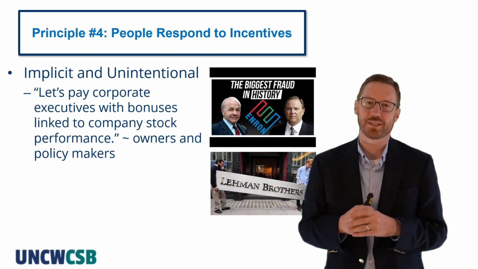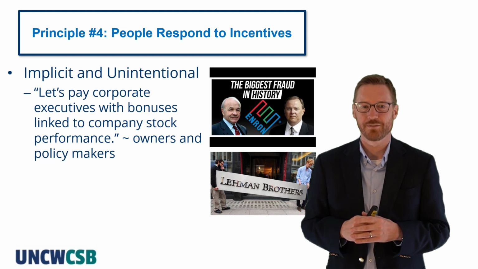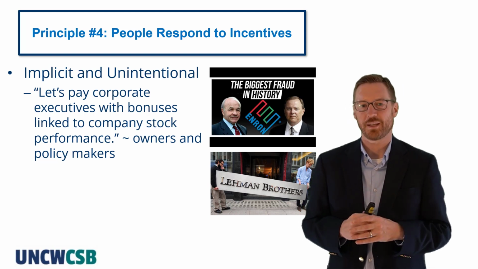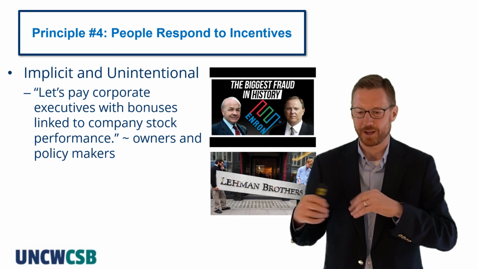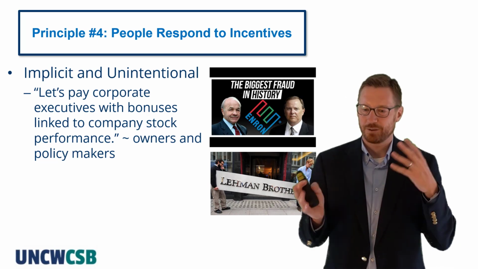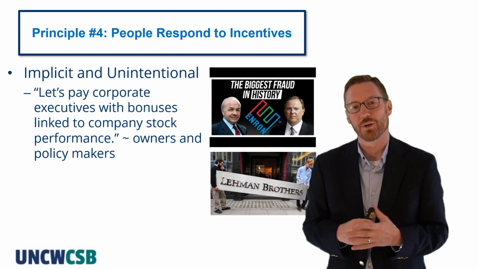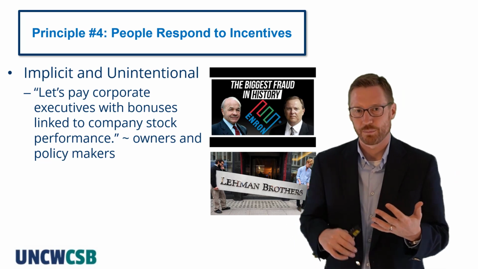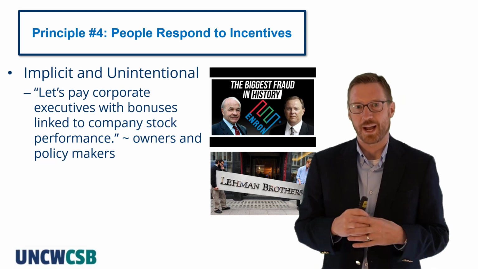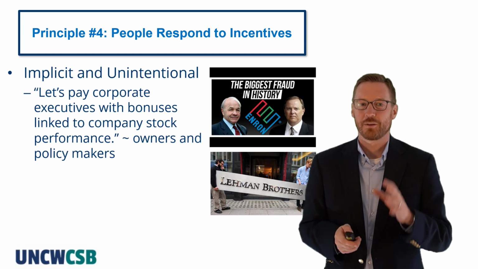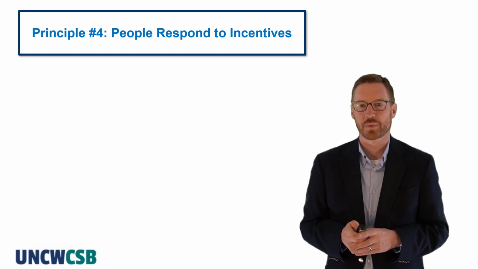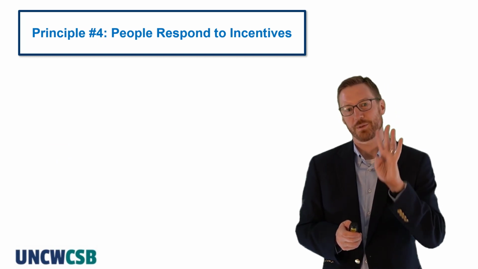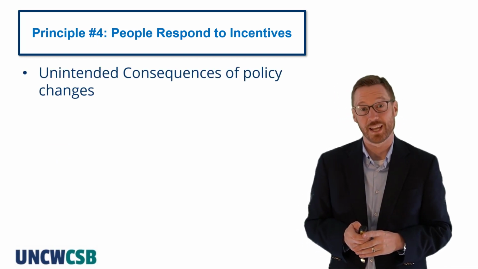So these implicit and unintentional incentives of paying corporate executives with bonuses led to several accounting frauds and scandals. You can look them up if you want, but some of the big ones were Enron, Lehman Brothers, WorldCom. There were several of them. When we changed the incentives, people changed their behavior. So our fourth principle is people respond to incentives.